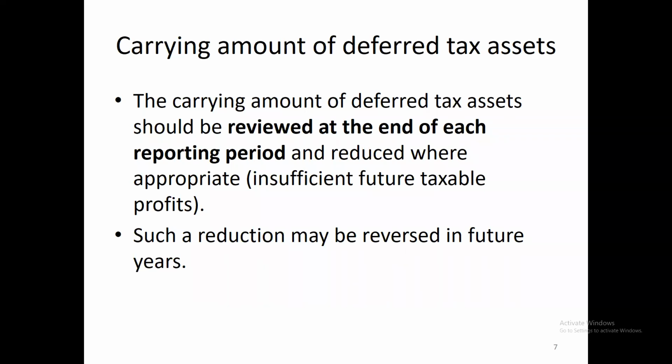From whom can you claim? So there's no meaning in keeping that 1 million as an asset. So likewise, we have to write off. Likewise, we have to review the deferred tax asset balance from time to time. Such a reduction may be reversed in future years.